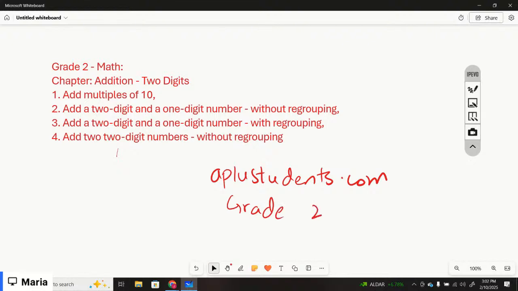The lessons we're going to cover today are add multiples of 10, add a two digit and a one digit number without regrouping, add two numbers, add two digit numbers without regrouping.